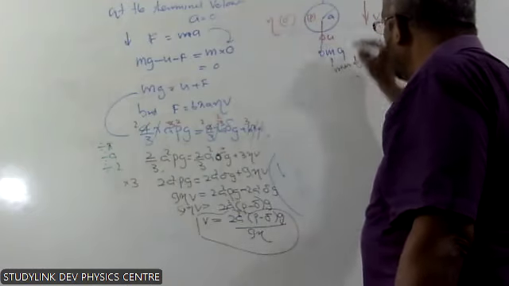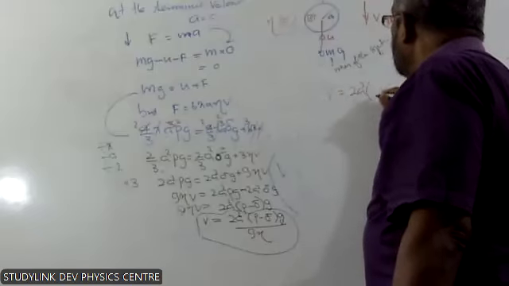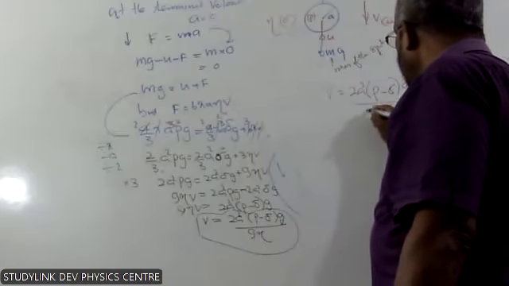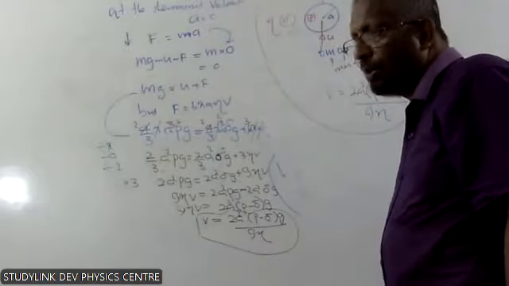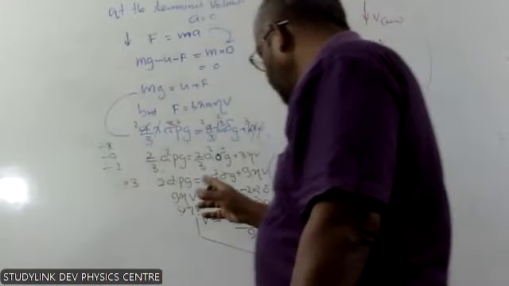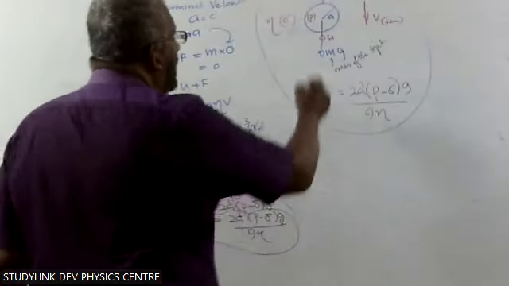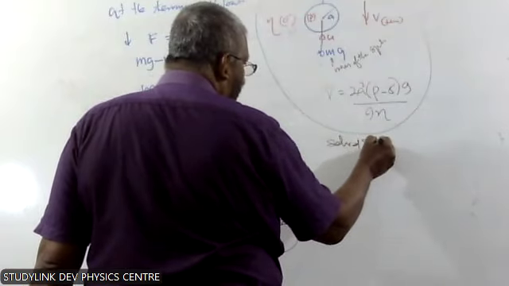Anyhow, terminal velocity v is equal to 2a squared rho minus sigma into g over 9 eta. So this one again draw and write it. It is quite enough to see without going through this every time. But remember, this is a solid sphere.